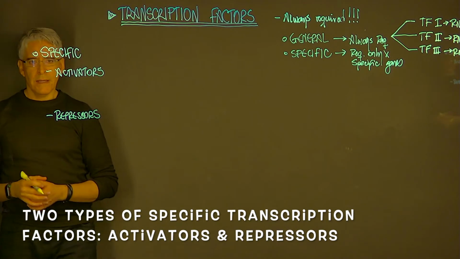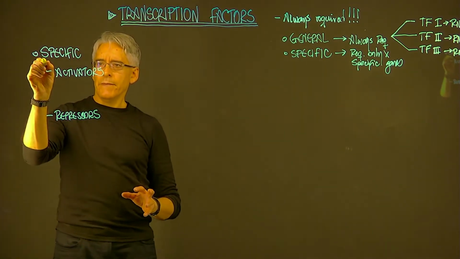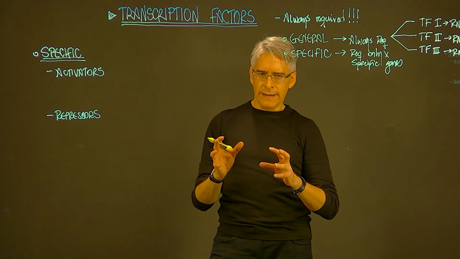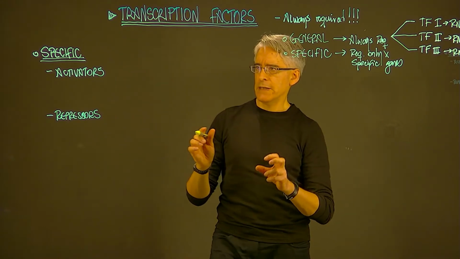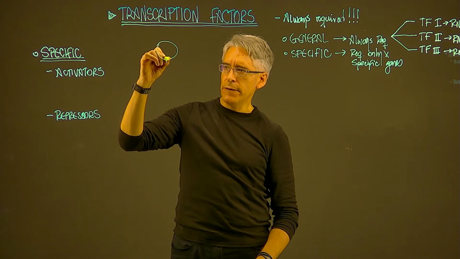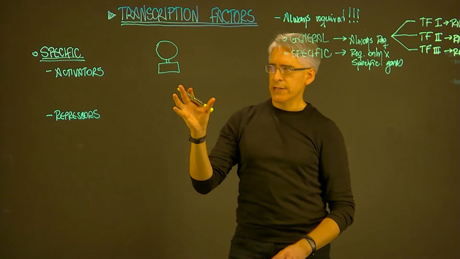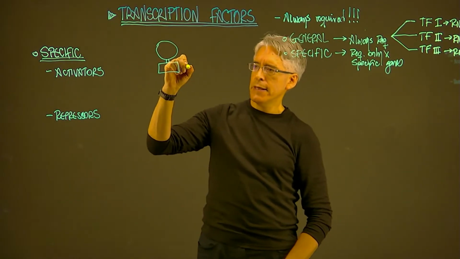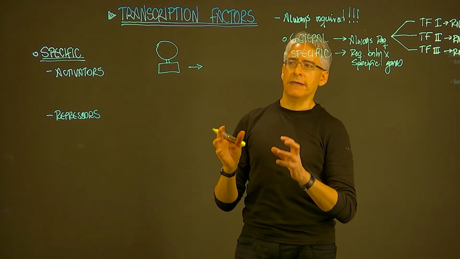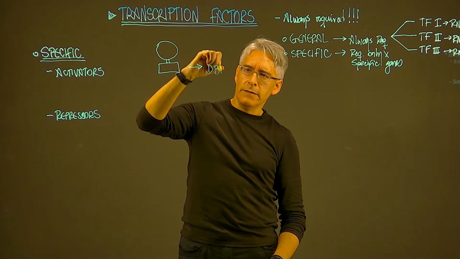All right, now when it comes down to the specific transcription factors, most of them have as a characteristic feature the fact that they are made of two different domains, two different functional regions within the protein that are fairly well separated within the primary structure of the protein. One section of these specific transcription factors has the ability to bind to DNA and recognize specific sequences in the DNA, and that's why it is referred to as the DNA binding domain.